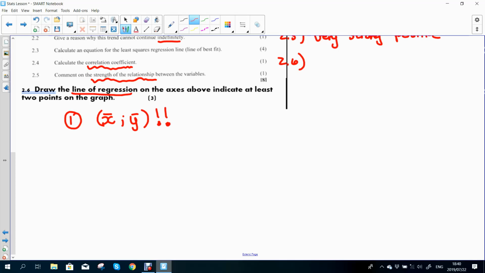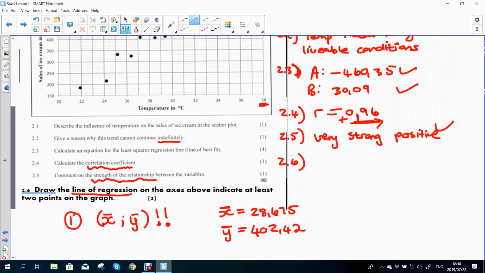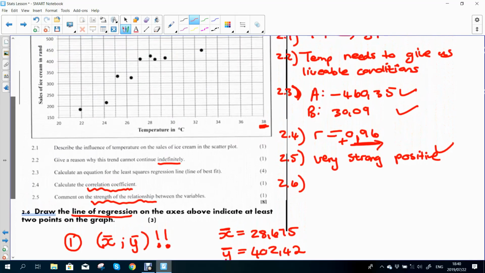To get to your x value and your y value, this is again just calculator work, and we did go over that. So you can just go and test that again. Go through all the steps yourself. You get 28,675 for the mean of your x's, and for the mean of your y's, you get 402,42. Which means your first point on this graph, you need to draw in yourself.